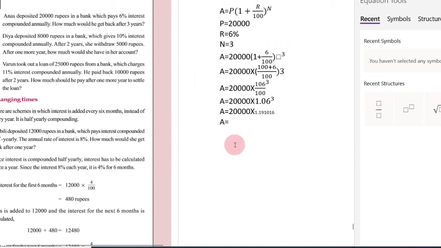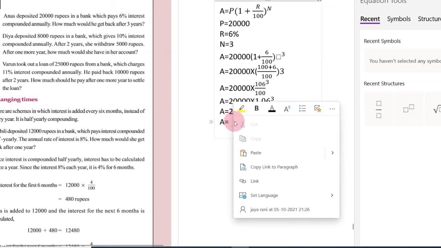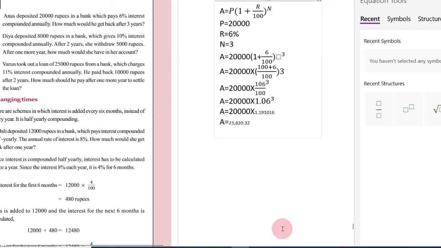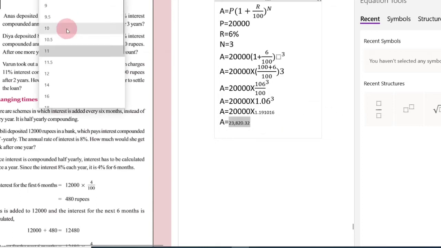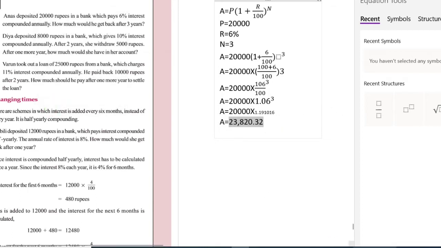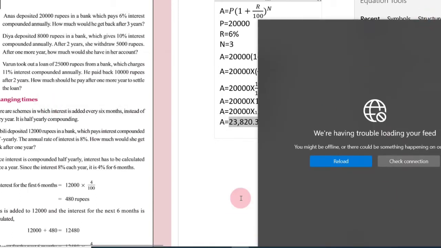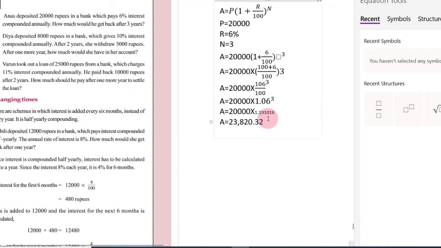A is equal to 20,000 into 1.1906, which is equal to 23,820.32. Okay, so that is the value. See here the 0.32 is equal to 32 paise.